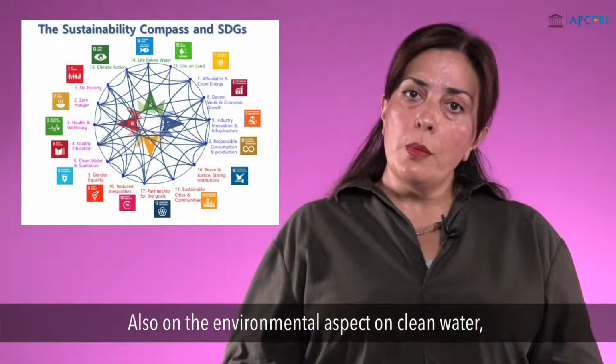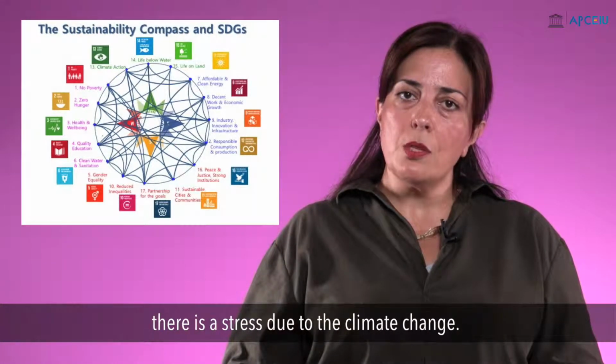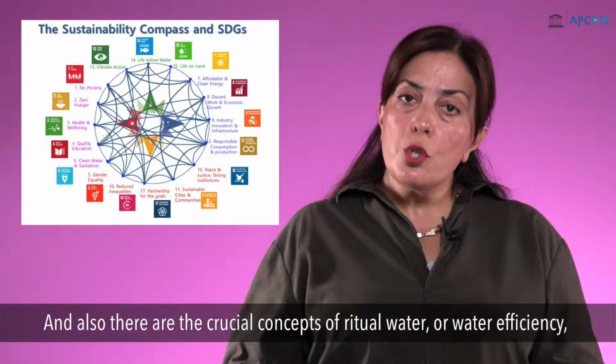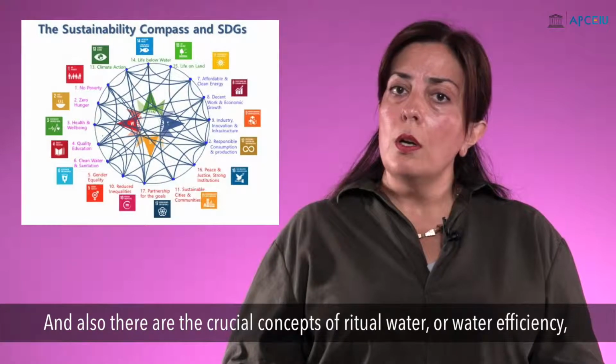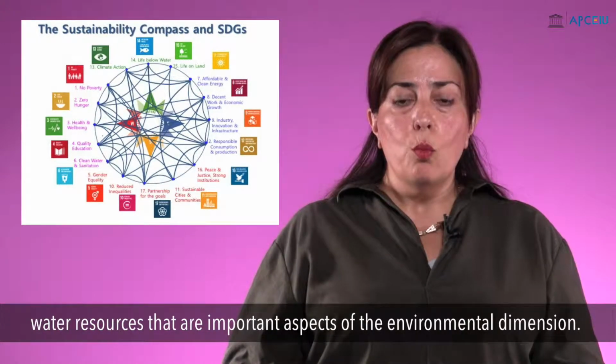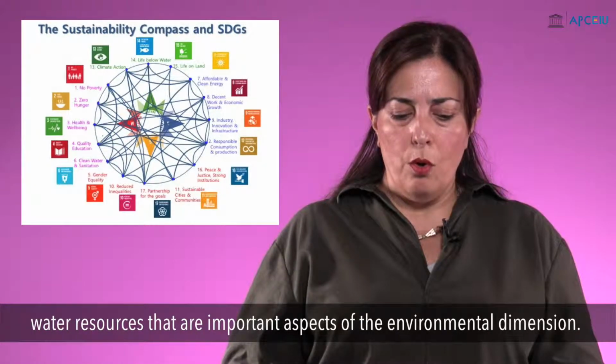Also, on the environmental aspect of clean water, there is stress due to climate change. And there are also the crucial concepts of virtual water or water efficiency, water resources, that are important aspects of the environmental dimension.